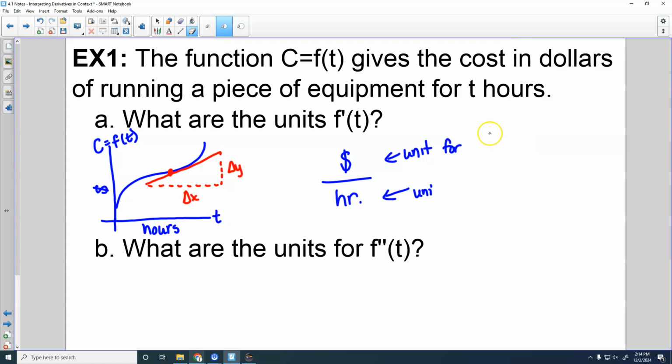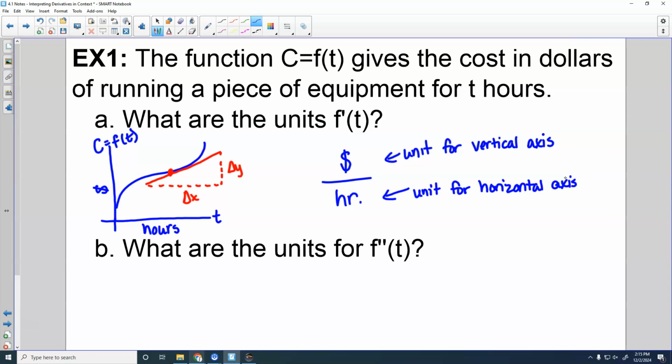That would be more mathematically correct. Okay. Does that make sense? Questions?